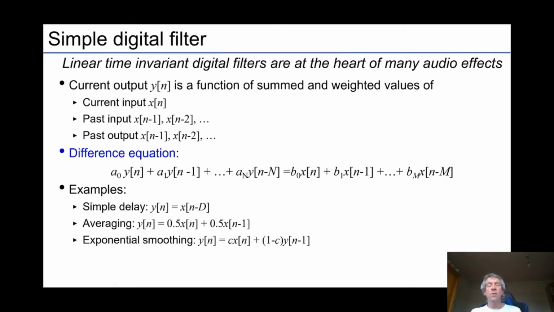So if this coefficient C is close to 1, then the output is going to be very similar to the input. If the coefficient C is close to 0, then the output changes very slowly with inputs. It tends to keep the same value of output and will respond to a change in the input only very slowly over time. So those are three examples of simple digital filters.